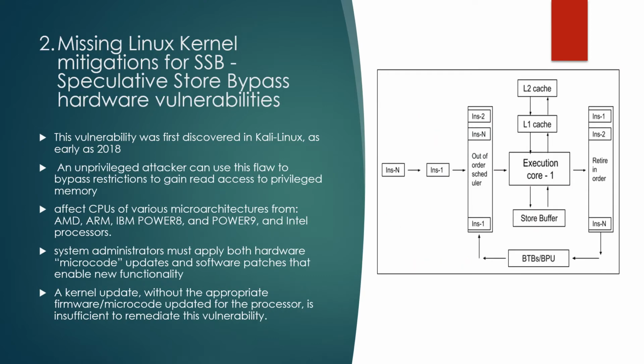The second vulnerability we're addressing today is the missing Linux kernel mitigations for speculative store bypass hardware vulnerabilities. This vulnerability was first discovered on Kali Linux in early 2018.